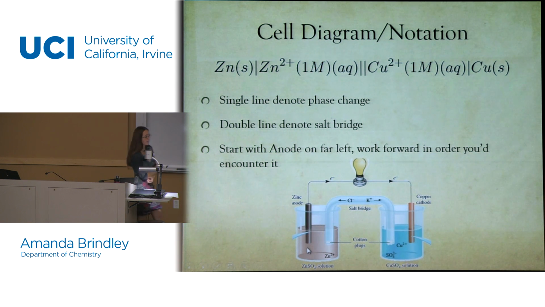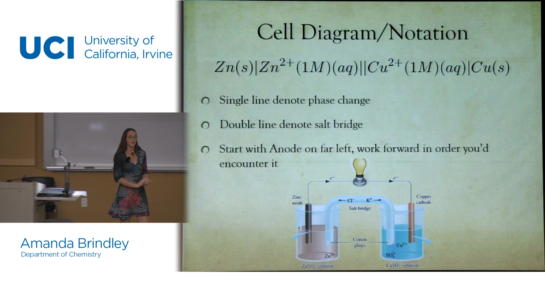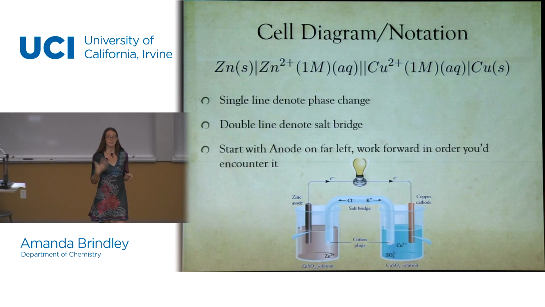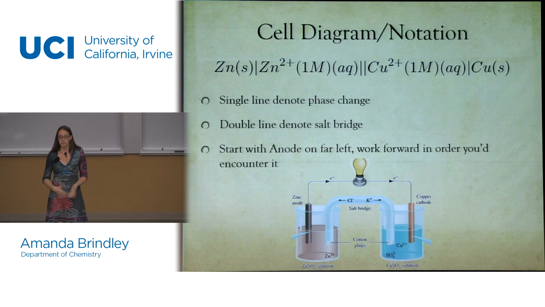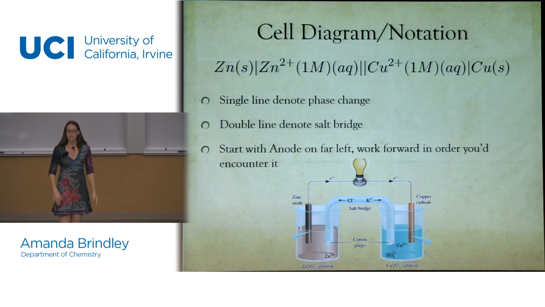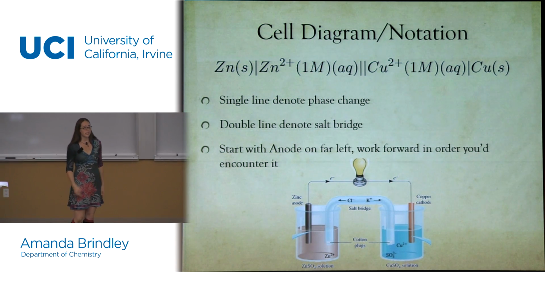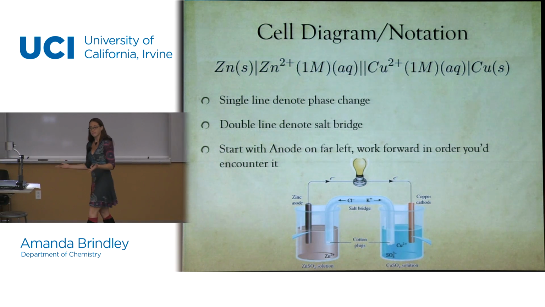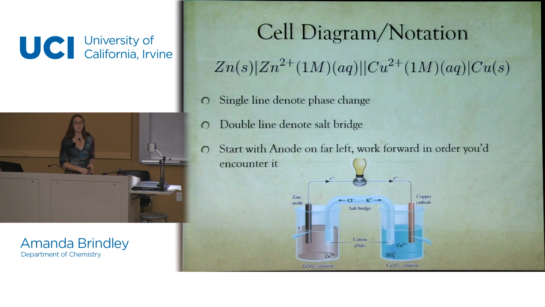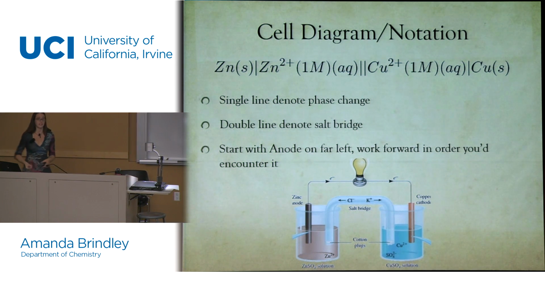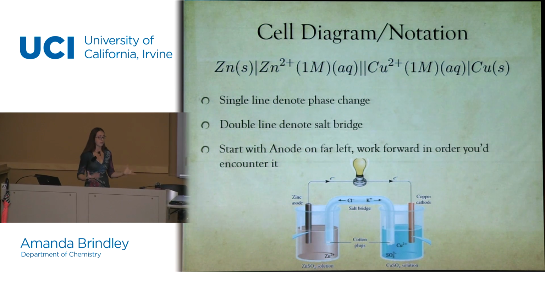Now, do you have to write the sulfate? If you write the sulfate, it's fine. If you were doing some sort of situation where it was important to know what that counterion was, maybe zinc sulfate worked but zinc chloride didn't for some reason, then sure, write it. If you're doing something where that doesn't matter very much, then don't. The point of cell notation is to be useful rather than to be some sort of dogmatic thing that you have to do the same way every single time.